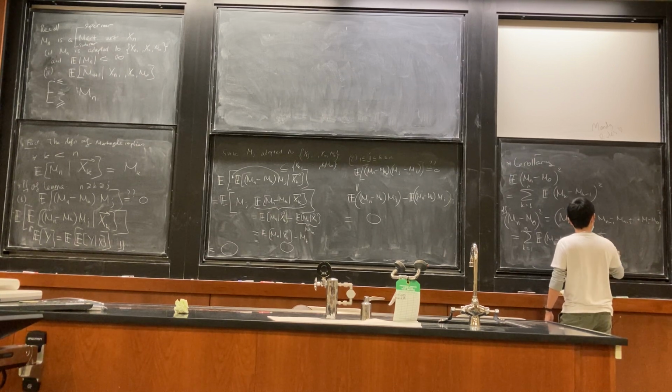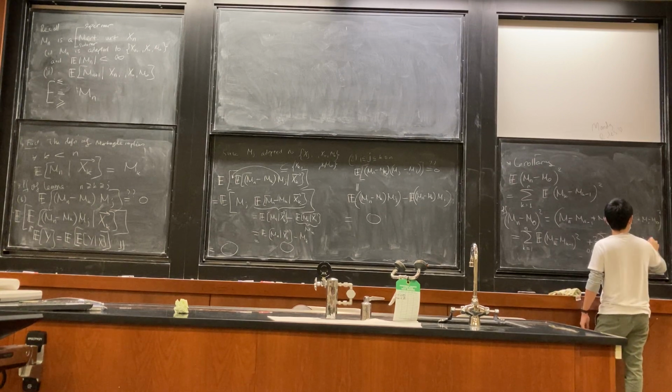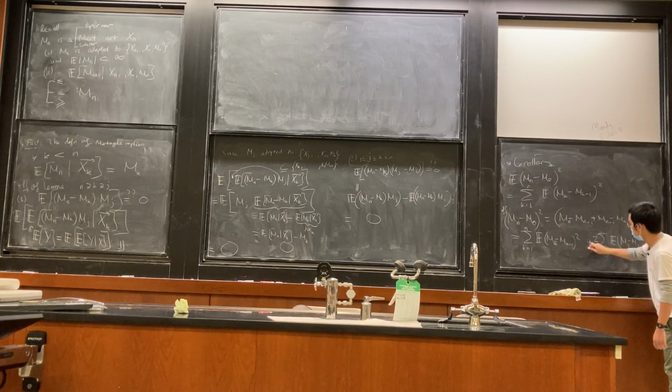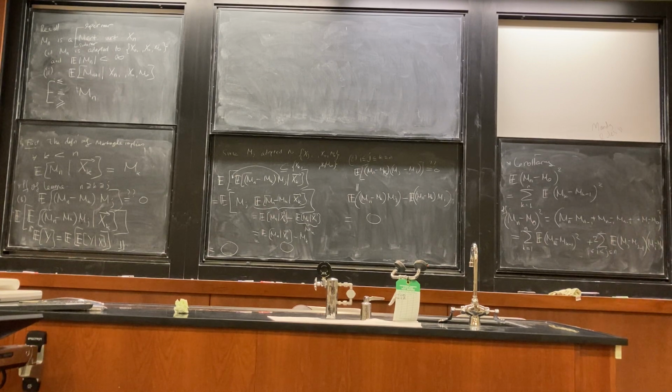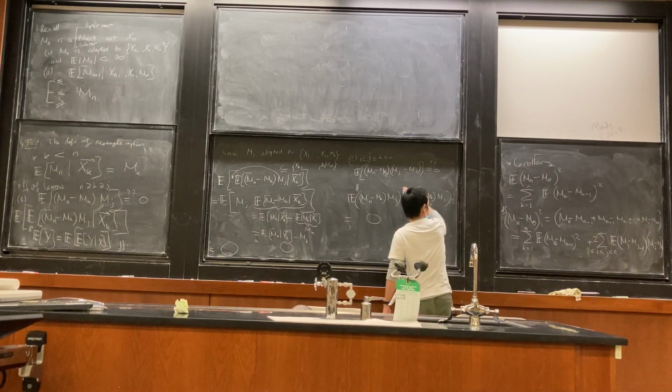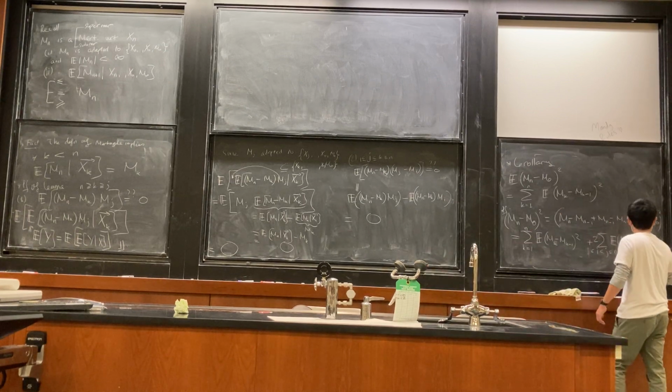Well, let me see if I do the math correctly. 2 times, so something like M_j minus M_{j-1} times M_i minus M_{i-1}. Okay? And because i is less than j, so j minus 1, i minus 1, they are orthogonal. So that expected value is 0. So that is 0.